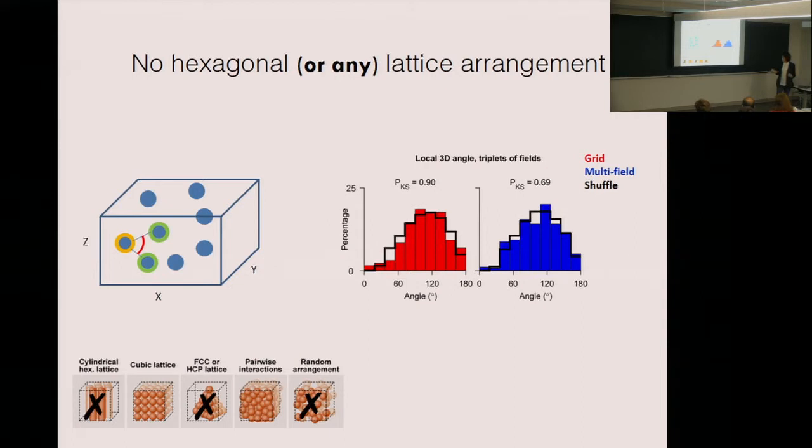This is for the ones that we marked as the grid cells, and these are the rest of the cells with multiple fields. And the distribution of local angles is just as similar to that of the shuffle data in black. So we have no fixed angles, and we can now cross out the option of the cells being arranged in any type of lattice.